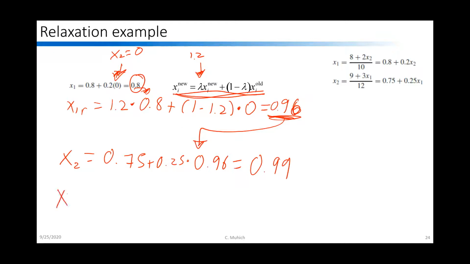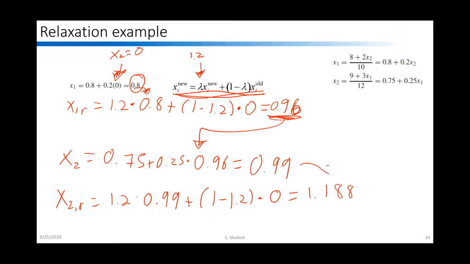Once again, I'm going to relax that, and so to find an improved guess, that's 1.2 times our new guess, 0.99, plus 1 minus 1.2 times the old guess, which was, of course, 0. And this gives us a modified guess of 1.188.